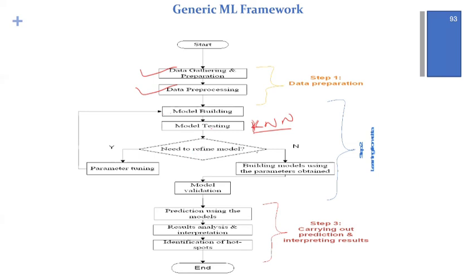Is there need to refine the model? Yes, I need to refine the model. Change the parameters, tune the parameters, go back again. So how do we tune the parameters? This is an area, inshallah, we're going to look forward to. We're going to make videos on this, how we can play with parameters, how we can make the parameters become better. So keep doing that.